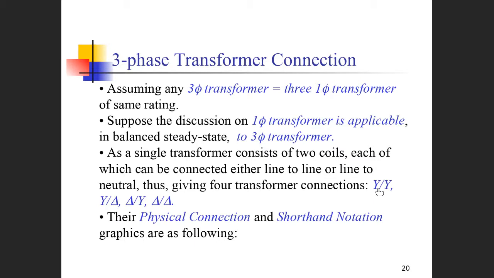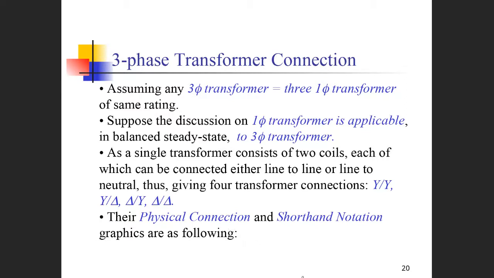But in this chapter, in this lecture, we just focus on the very basic star-star, star-delta, delta-star, and delta-delta connections. We do not talk about more complicated connections, because our purpose is to show you the principles and their analysis approach.